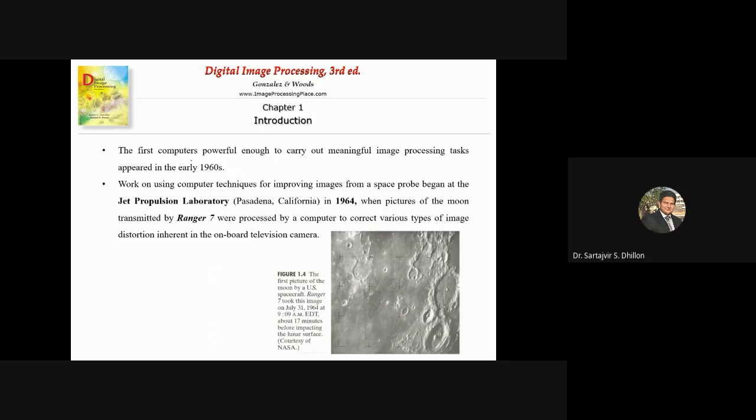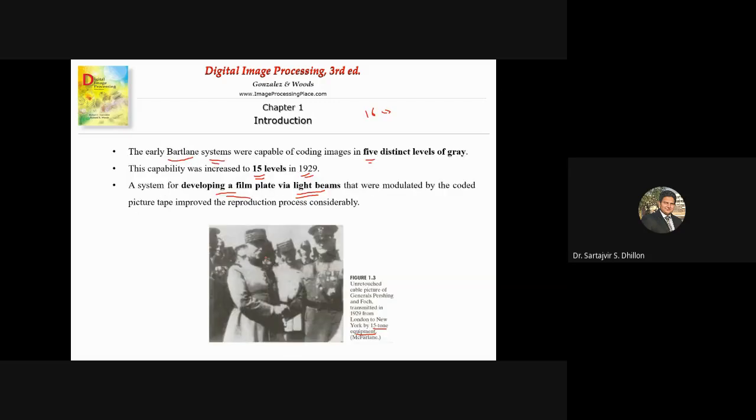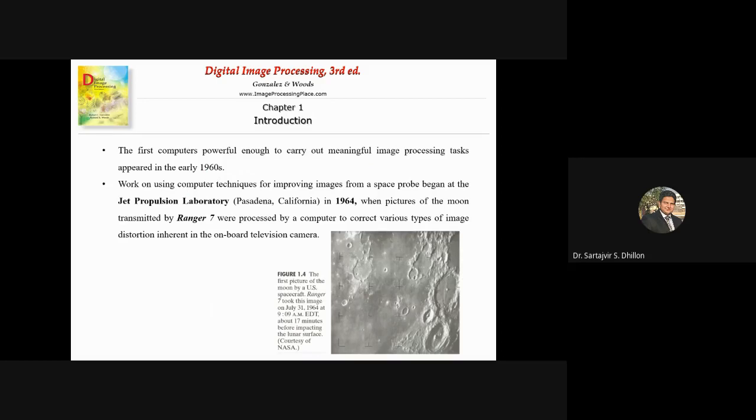As we know, the previous methods were in analog form, not actually digitally processed by computers, because in 1920 there were no supercomputers out there. So in 1960, when powerful computers came, they could process images digitally, and work on computer techniques for improving images from the space probe began at the Jet Propulsion Laboratory, also referred to as JPL, in California in 1964.